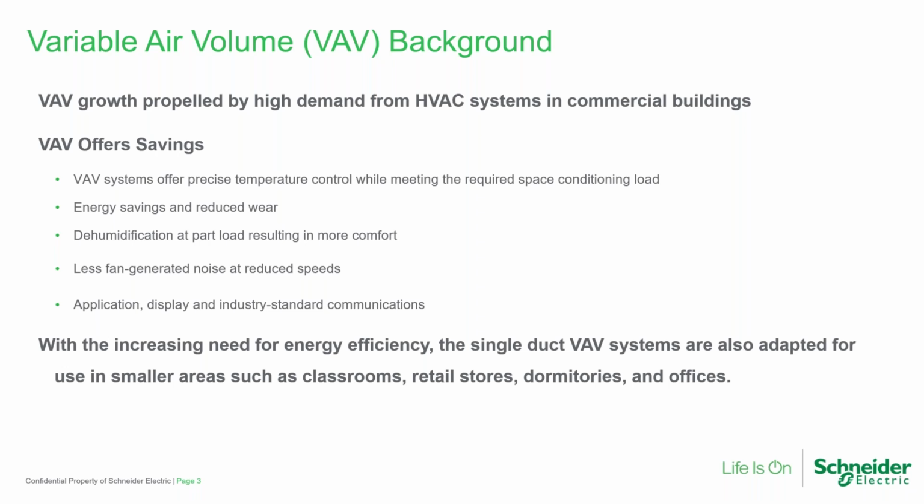They all have VAV boxes to a certain extent. The reason for that is to provide more precise temperature control, saving energy, reducing part loads, all these different things that VAV boxes can do for us within our buildings. That's what they're there to do, right? So how do we control that?